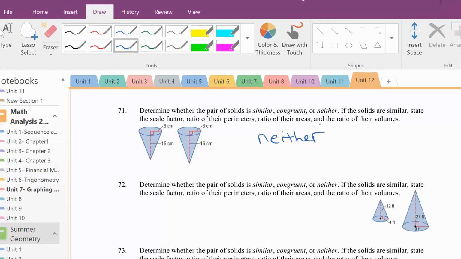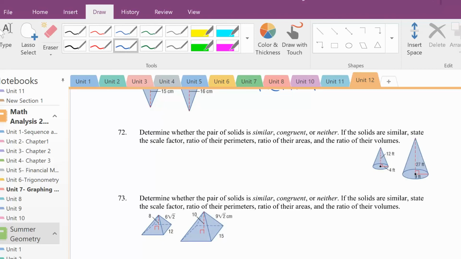All right, so 72 says determine whether the solids are similar. If the solids are similar, state the scale factor, the ratio of the perimeters, ratio of the areas, and so on. So here, notice that the radii are 4 over 9, and then the height, 12 over 27, that reduces to 4 over 9. So they are similar.